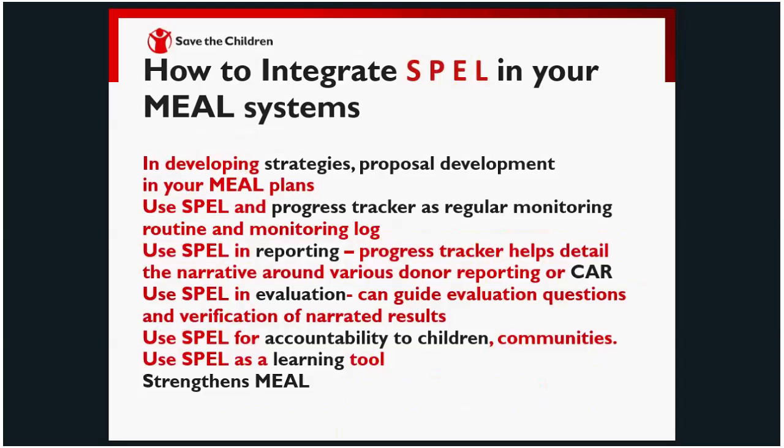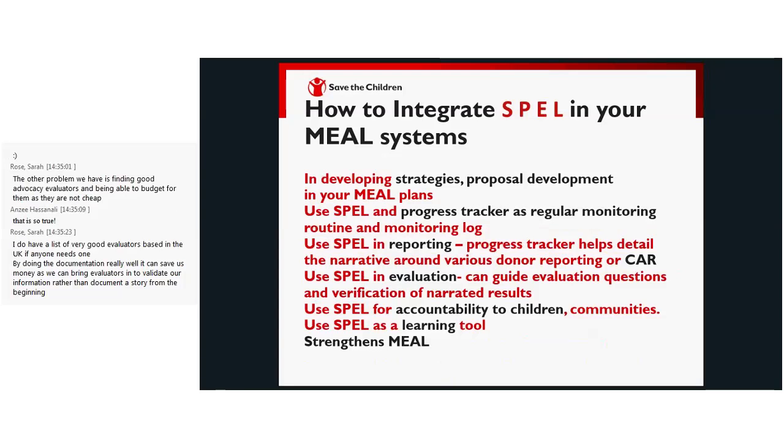So just some practical and very basic steps on how you can integrate SPEL in your existing MEAL system. In developing your strategies or proposal development or in your MEAL plans, that is where you can integrate the use of critical junctures, the use of pathways of change and all of that.